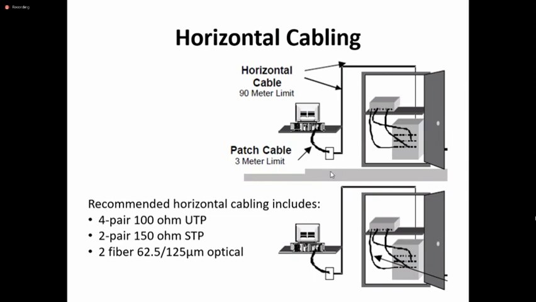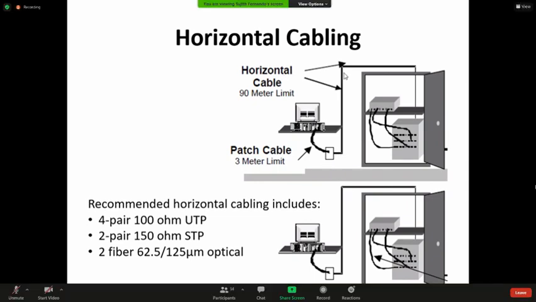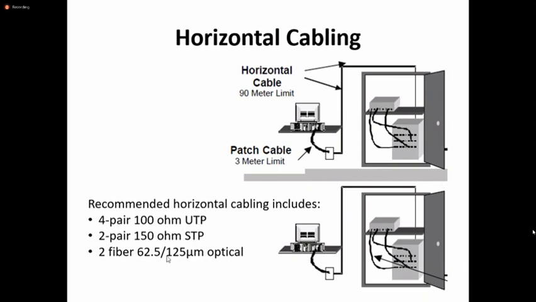Yeah, it is shown here. You can see here, to the cabinet 90 meters and here inside 6 meters. So these are the required ones we have to use, right?